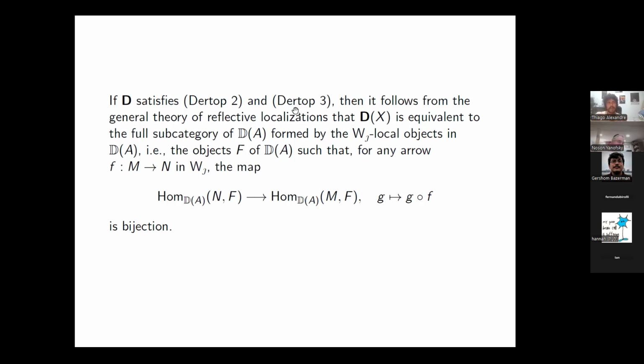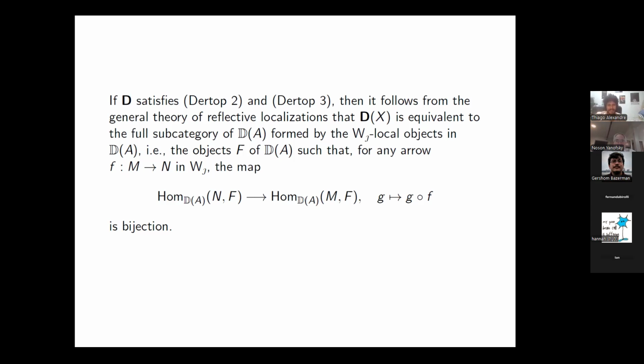In particular, if the extension is a topological derivator which satisfies these axioms, then there is only one way to extend a derivator to a topological derivator over the domain of topoi with enough points. I'm sorry, there is at most one way.